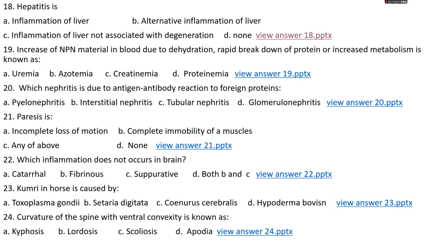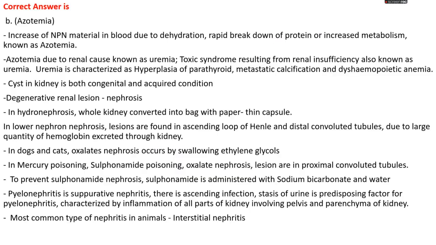Question number 19. Increase of non-protein nitrogenous materials in blood due to dehydration, rapid breakdown of protein, or increased metabolism is known as: option A, uremia; option B, azotemia; option C, creatinemia; option D, proteinemia. The right answer is option B, azotemia.